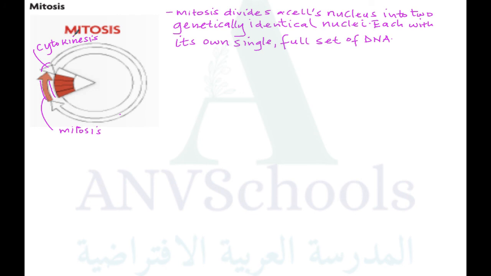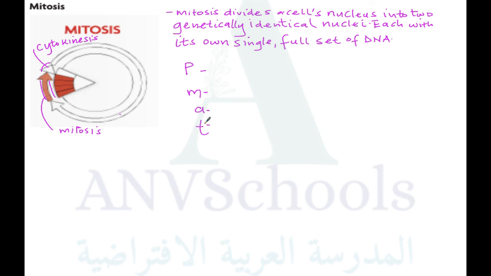The four main phases of mitosis are P, M, A, T, so it's easy for you to keep in mind.